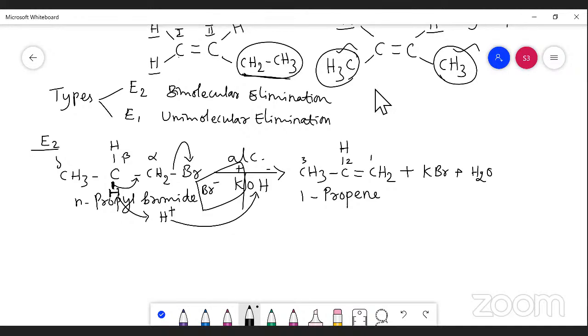And if you take the rate of that reaction, you already know how to take a rate because we have seen SN1 and SN2. So what is rate? Rate depends upon the concentration. How can I write the rate?